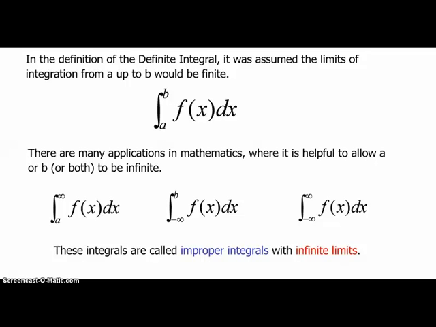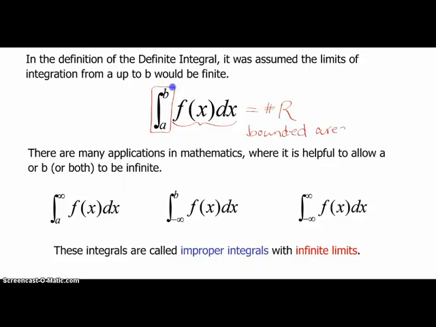So remember, in the definition of the definite integral, we assumed that the limits of integration from a up to b would be finite. In other words, we assumed that this was telling us to accumulate the area in the plane trapped in between our function and its horizontal axis, and we would get some real number value as a result of that, because we had a bounded area.